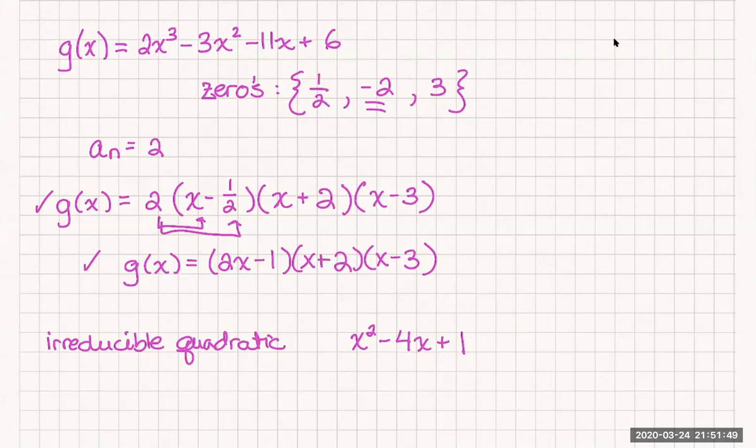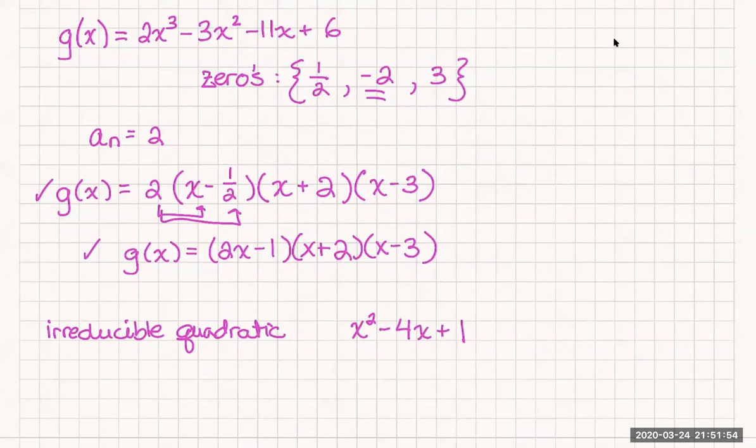Now, another way you can determine if your quadratic is irreducible is to find the discriminant. Okay. So the discriminant in this case would be b squared minus 4ac. In this case, b is -4 squared minus 4 times a, which in this case is 1, times c. So this gives me 16 minus 4, which is 12.